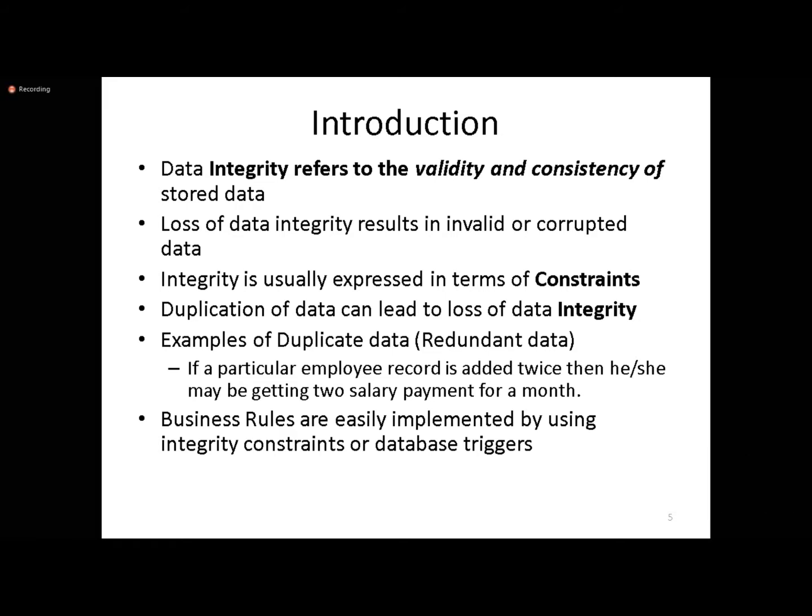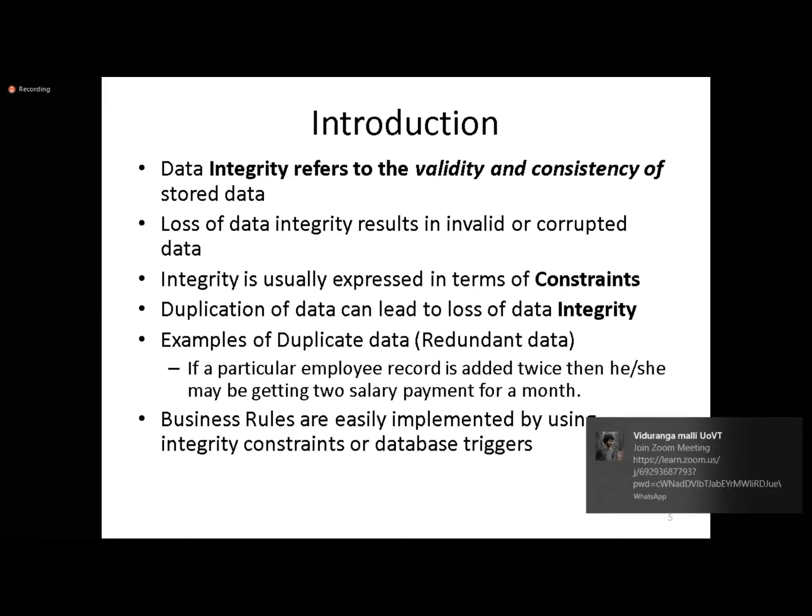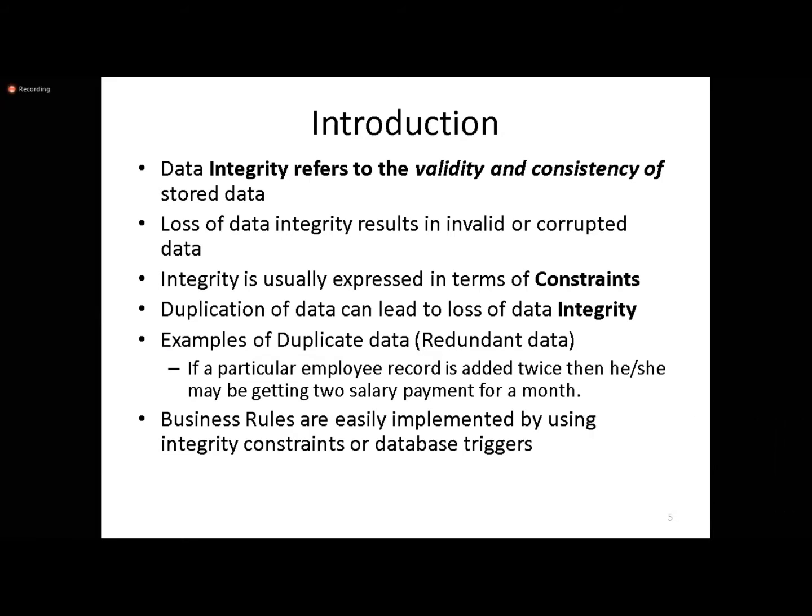Right? Just assume such a scenario. Since your database has not properly implemented this integrity, by mistake the HR department might have entered a particular person twice into the system. So then he would be getting two salaries, right?